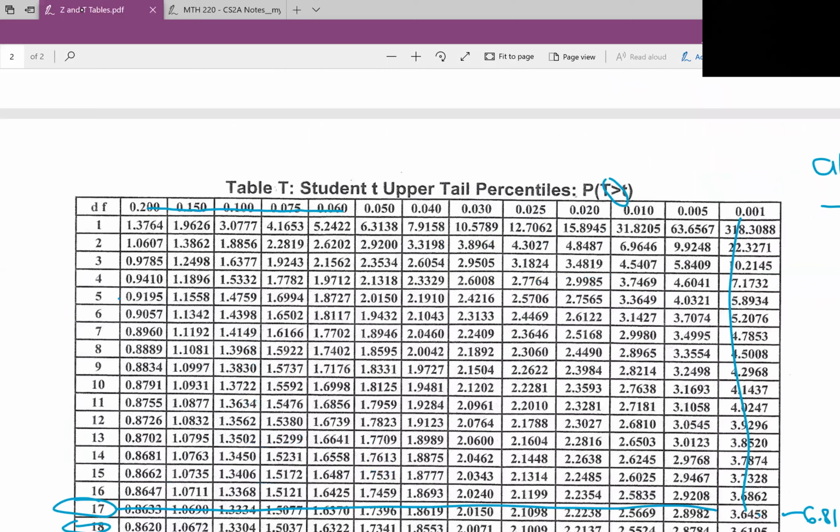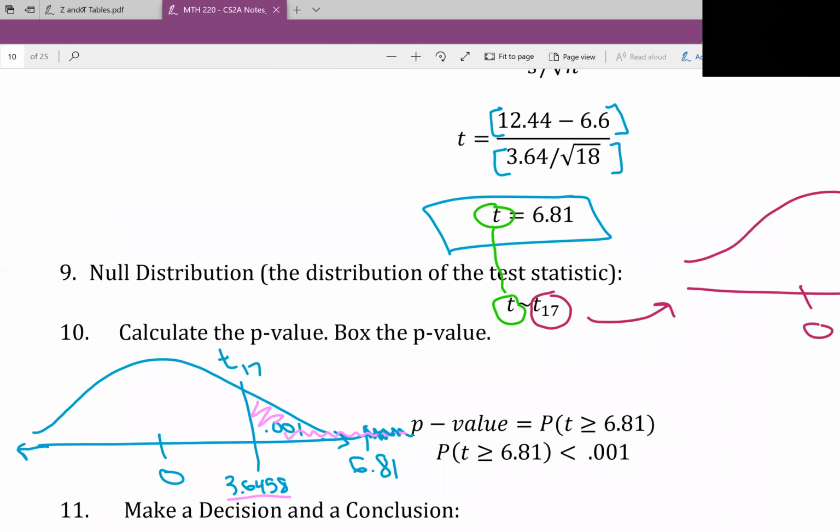If it falls off the chart in this direction, then our probability is smaller than 0.001. If our number falls off the chart in this direction over here, then our probability must be bigger than 0.2. Again, there's a little more practice that hopefully you got when you looked at that T distribution practice I posted on D2L.